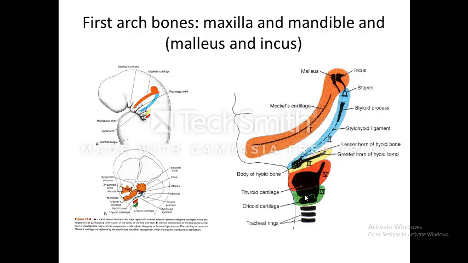So راح نيجي نشوف bone structure associated with the first pharyngeal arches.